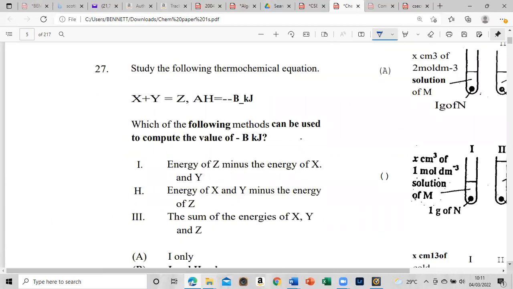Study the following thermochemical reaction. Which of the following methods can be used to compute the value of the enthalpy change? All right, so it's easy. 1, energy of Z minus the energy of X and Y. 2, energy of X and Y minus the energy of Z. 3, sum of the energies of X and Y. Let's look at the options.